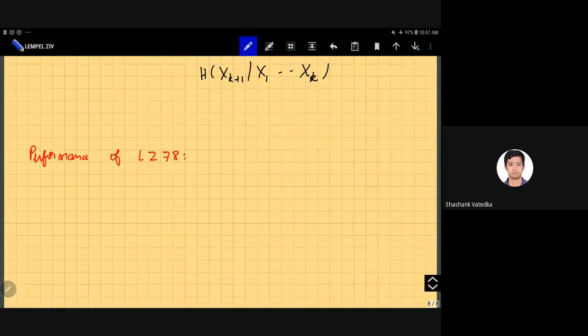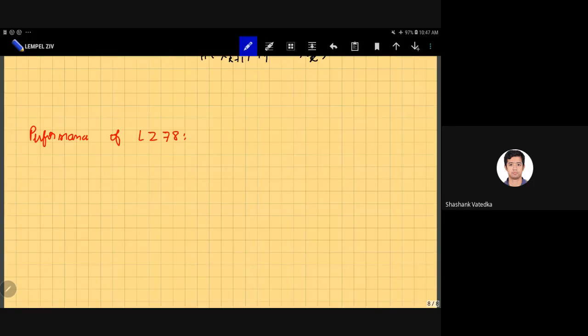The claim is that, fix any k, which is a constant independent of n.